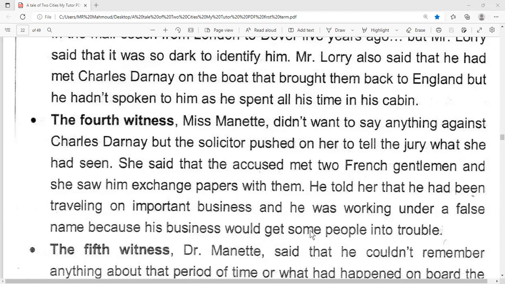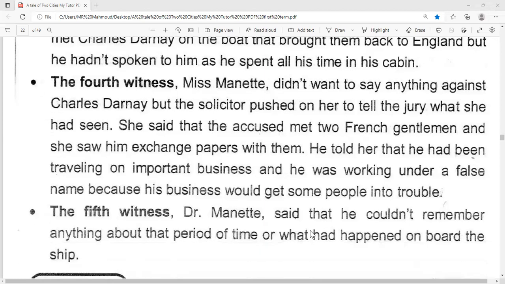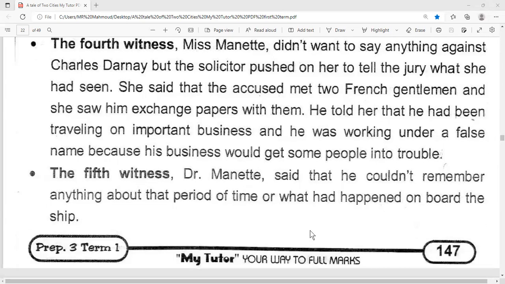He told her that he had been traveling on important business and he was working under a false name because his business would get other people into trouble.